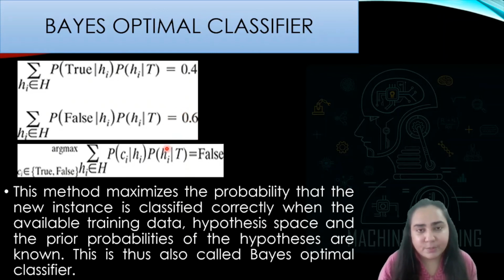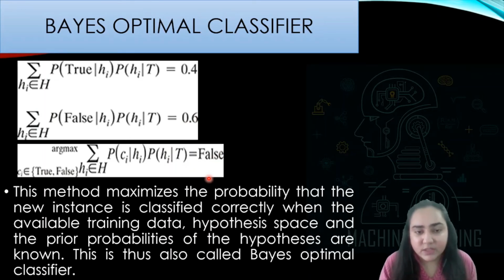So which opinion would you go with? You have to go with the opinion that is larger. You see, if you add these two, you get 1, but it is divided. 0.4 says it is true. 0.6 says it is false. So that means the probability of the classification of x being false is higher. So that's why this is the final formula which we will apply, and we will say that x can be classified as false.